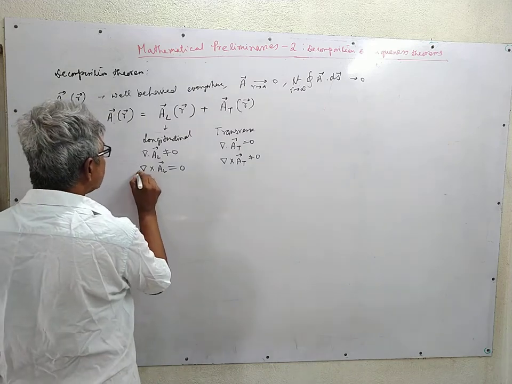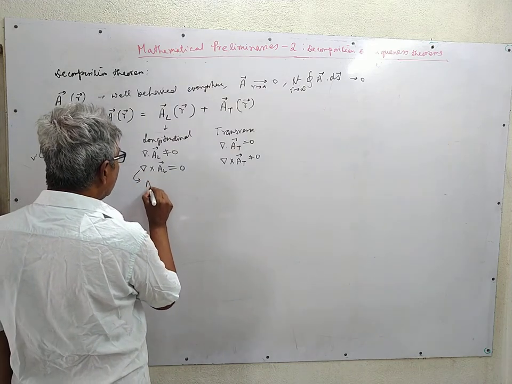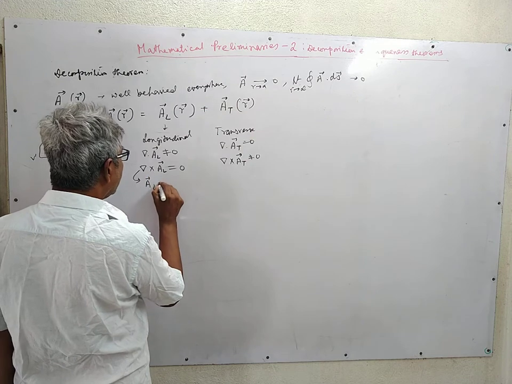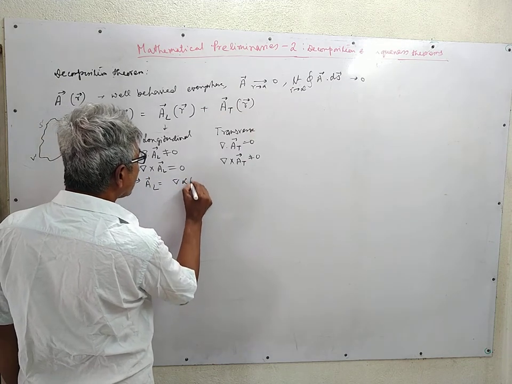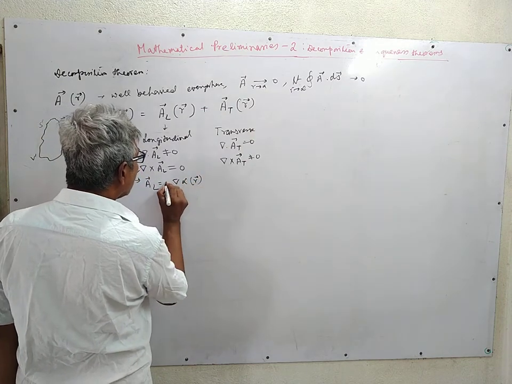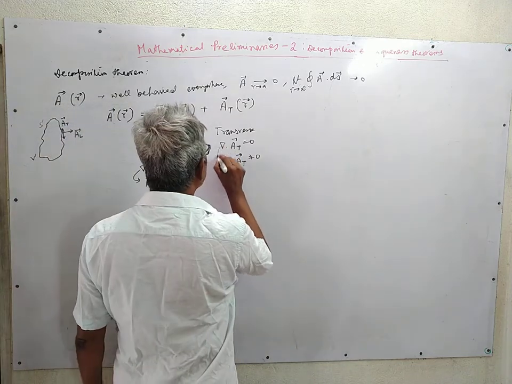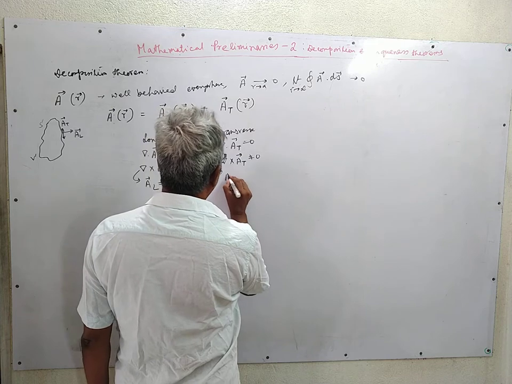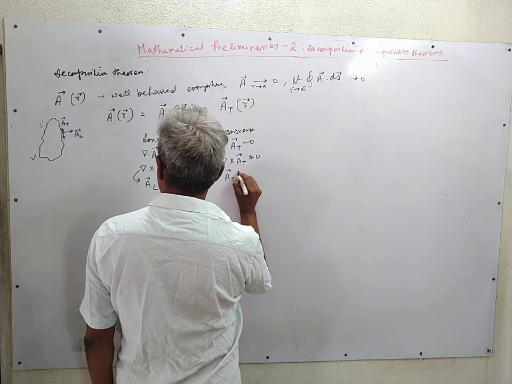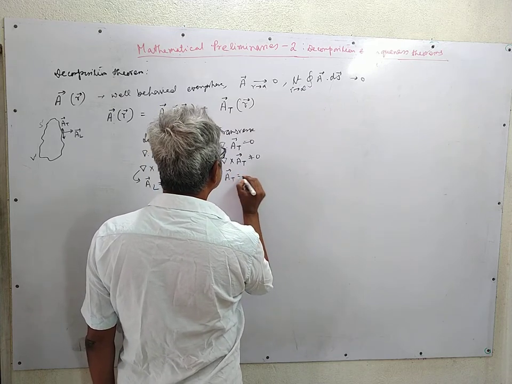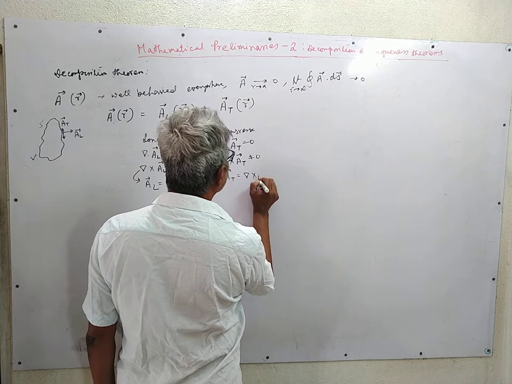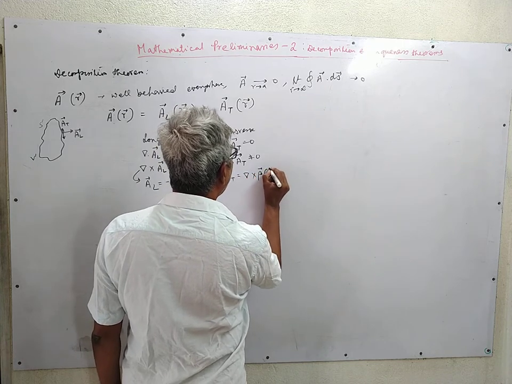This relation immediately suggests that A_L can be written as the gradient of some scalar point function. By convention we put a minus sign, and this immediately tells us that A_T can be written as curl of some vector point function beta of r.